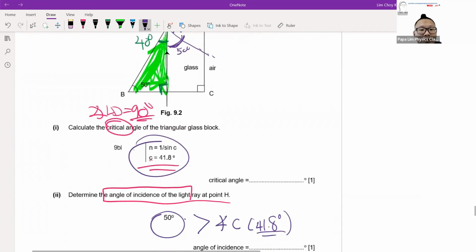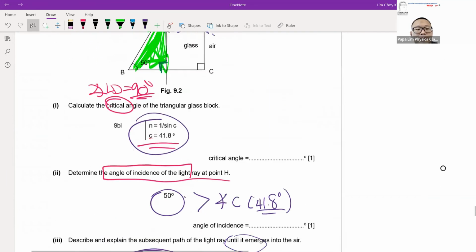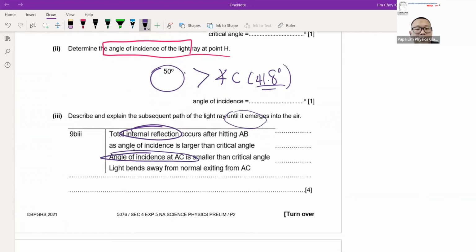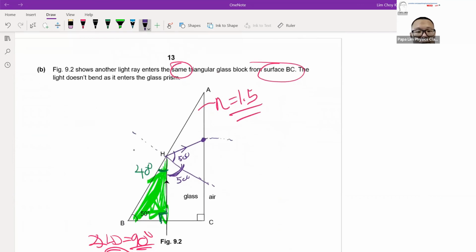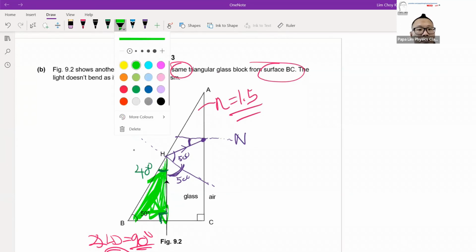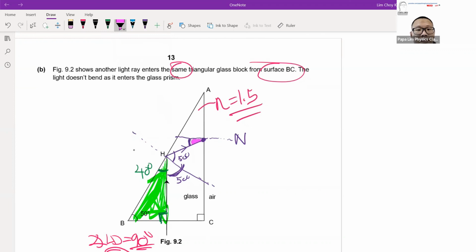Now at surface AC, what do I do? If you look at the angle at surface AC, the normal is at this area here. This is the angle I'm referring to. Now at this new angle, even without doing any calculation, I will know that angle I is definitely less than the critical angle, which is 41.8.